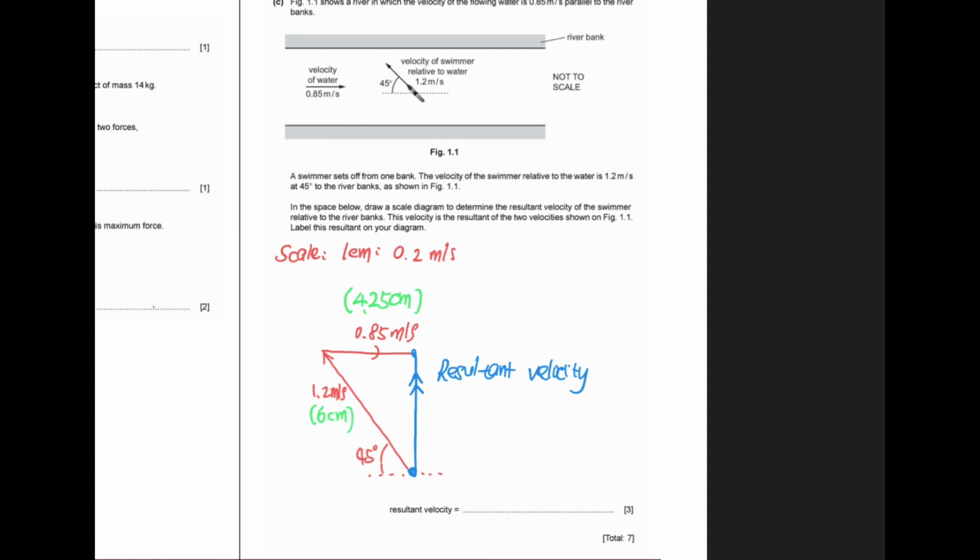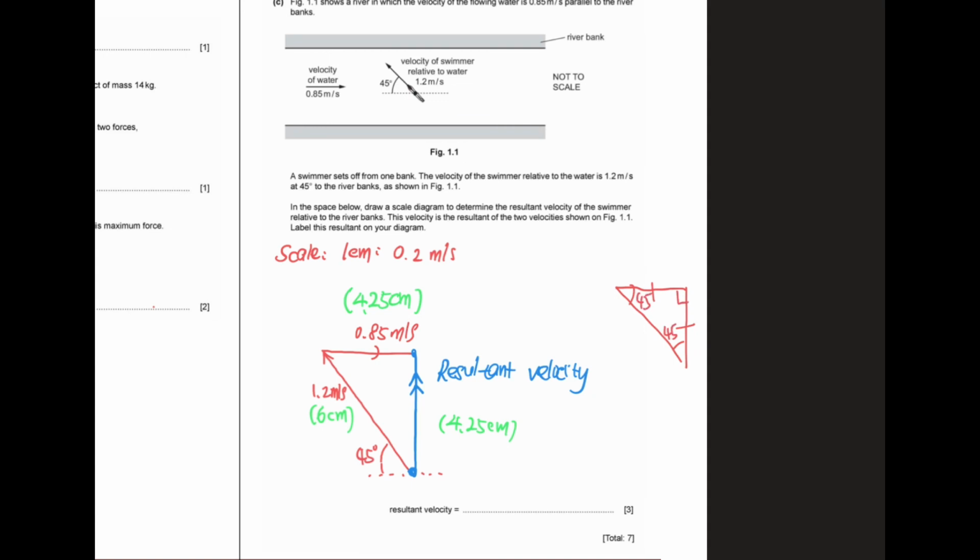I go and measure the length of the blue line, and I get 4.25 cm also. Is it still a right angle triangle? Yes, it is. Imagine this is an isosceles triangle, where here and here are the same.